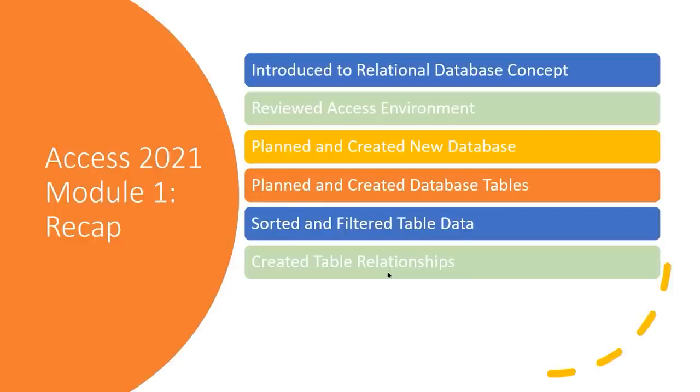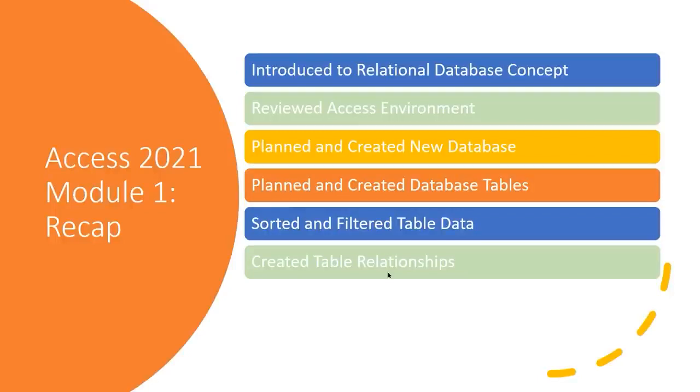After that, we talked about how important planning is before creating a new database, and then we created a database from a blank template. After that, we talked about how to plan and set up your database tables. And then we created database tables manually and also by importing them from an Excel file that was in the video description. After we did all of that, we populated our tables.